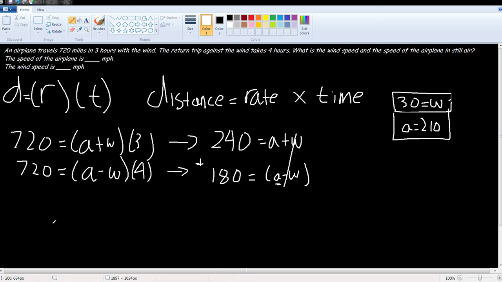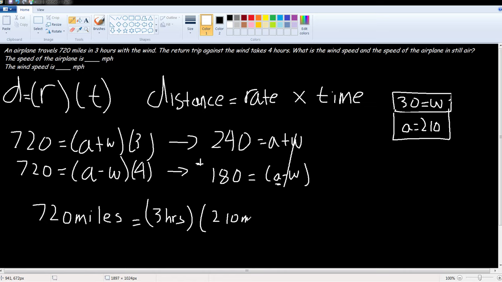So we have an airplane going 720 miles, right? This is distance, in 3 hours. So we'll write 3 hours. And then the rate would be the airplane plus the wind speed, if we're going with the wind. So we have 210 mph plus 30 mph.